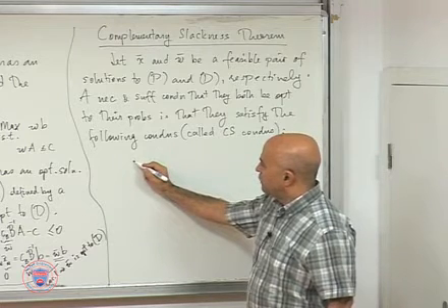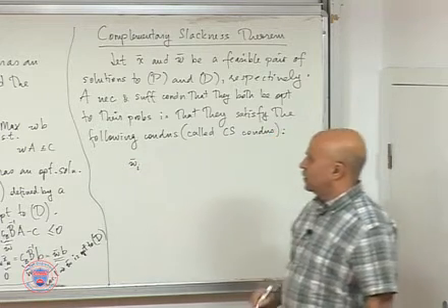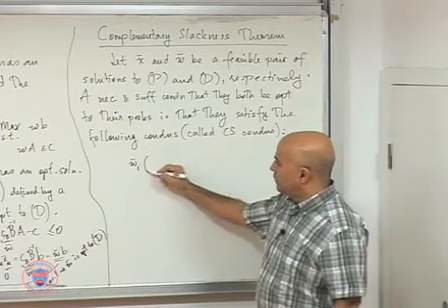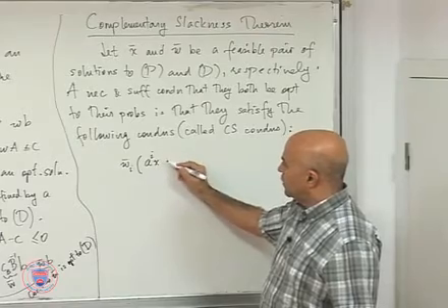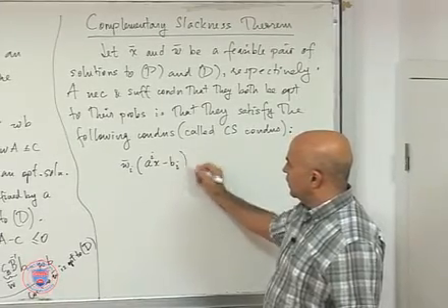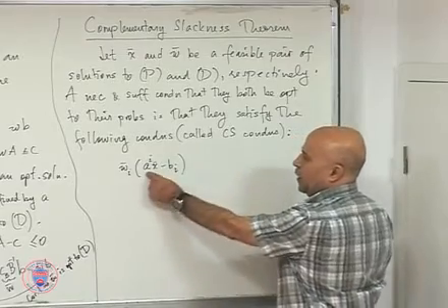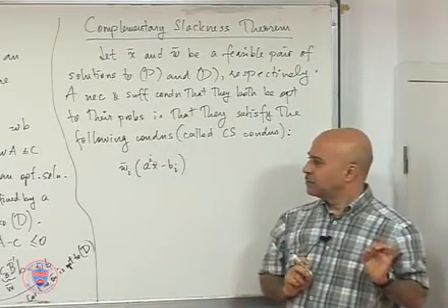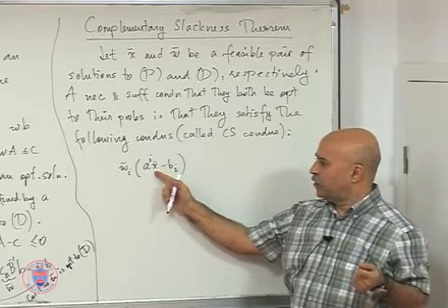If you take the ith variable in the dual problem, multiply it with Ai x bar minus bi. Ai is the ith row of the A matrix. X bar is the particular solution we have on hand.